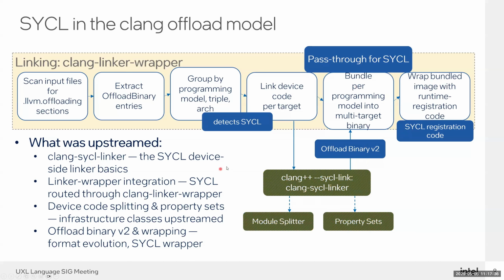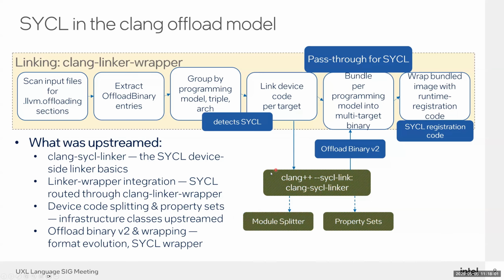So what was upstreamed is Clang SYCL linker, integration of it with linker wrapper, device code splitting and property sets, but we just upstreamed infrastructure classes which can do that, but we did not yet integrate them inside Clang SYCL linker.